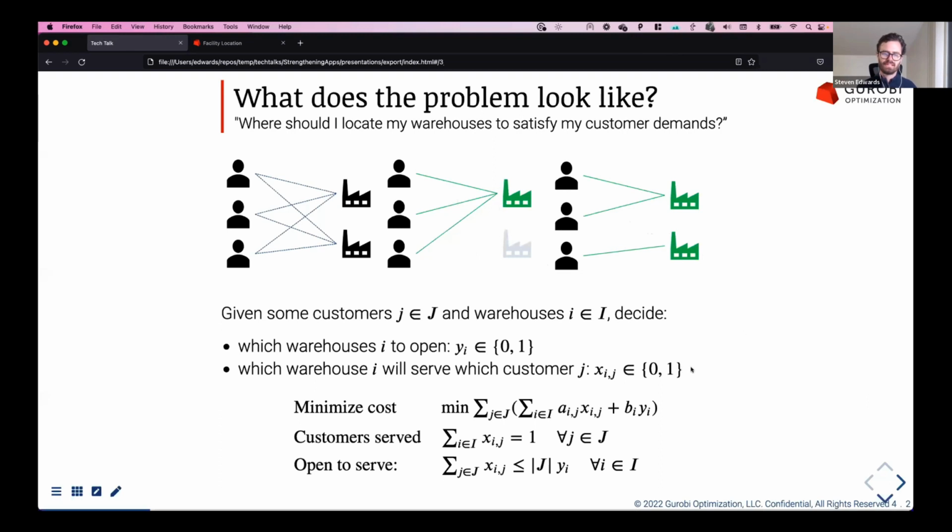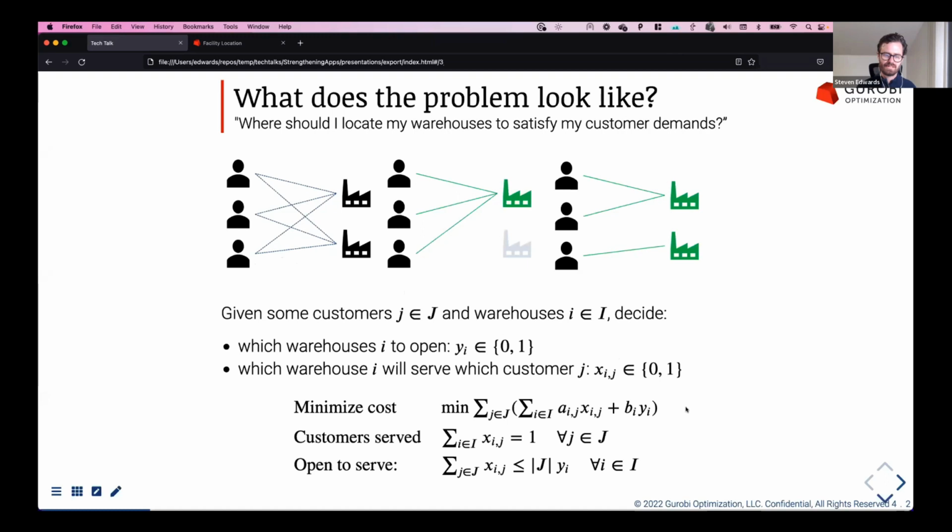More specifically, we have a set of customers J and warehouses I. If we want to describe this with respect to a mathematical model, we can have two sets of decision variables. Decision variable Y, which asks if a warehouse is open or not, and then a decision variable X_ij, which asks is a specific arc or a specific customer warehouse pairing open or not.